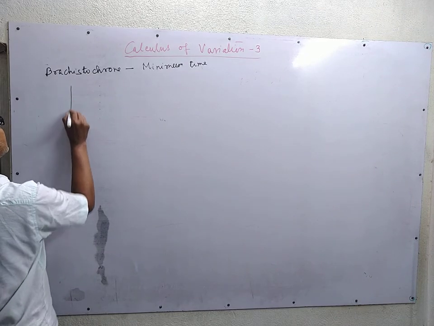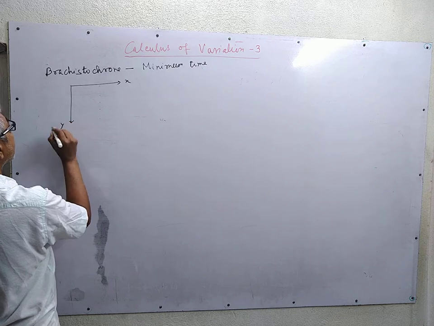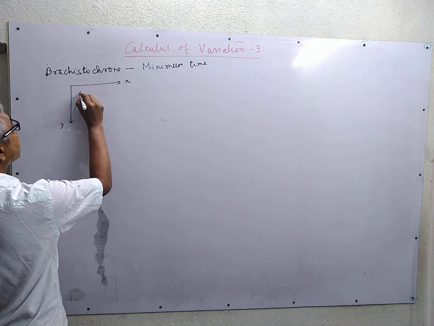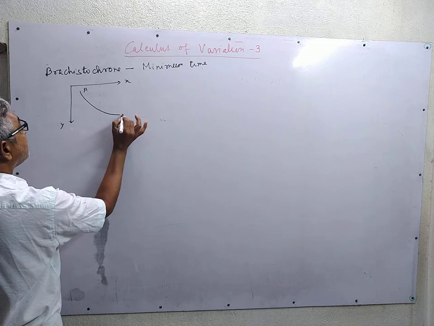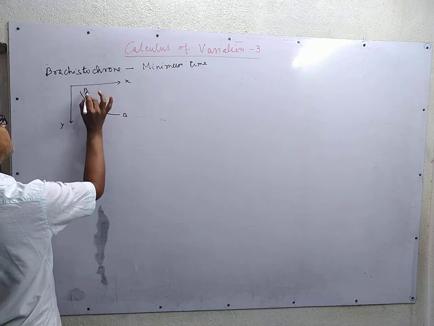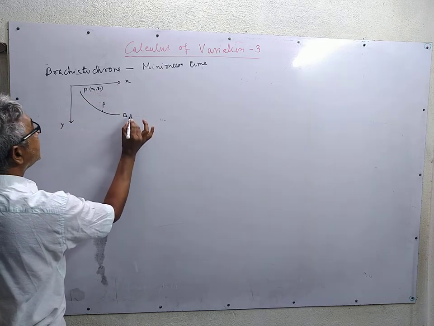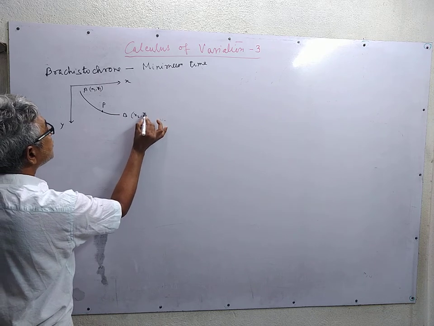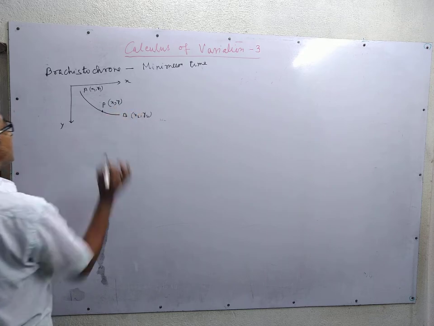We consider this is the horizontal axis and this is the vertical axis, and we consider a particle descends down from a point A to point B, and at an intermediate point P. The coordinates of these are x1, y1, x2, y2, and that of P is x, y.